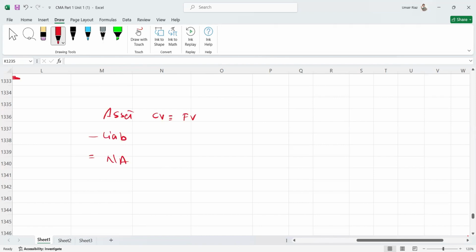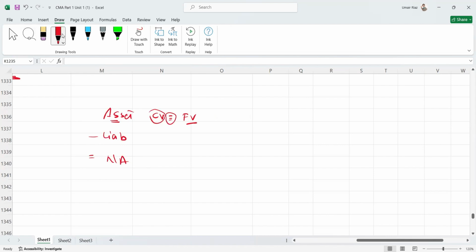But if he told you that carrying value is less than fair value, I hope you are understanding what I'm telling you. Sometimes in an exam question, he would say that whatever assets you have acquired, their carrying value is exactly equal to fair value. Then there is no adjustment which we need to do in the net assets.